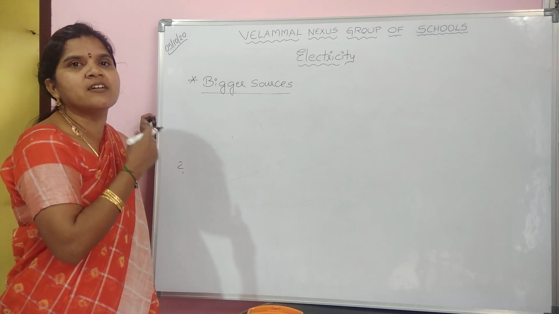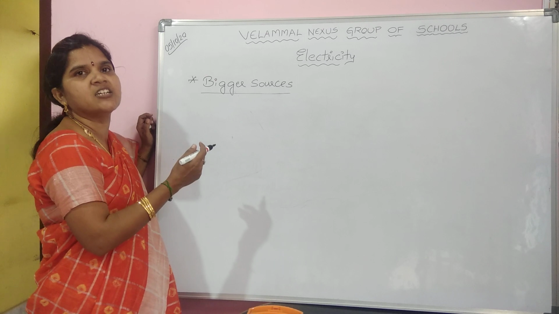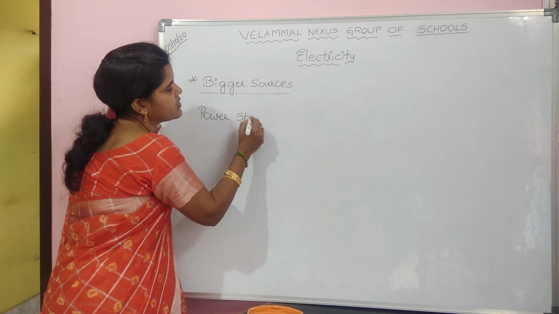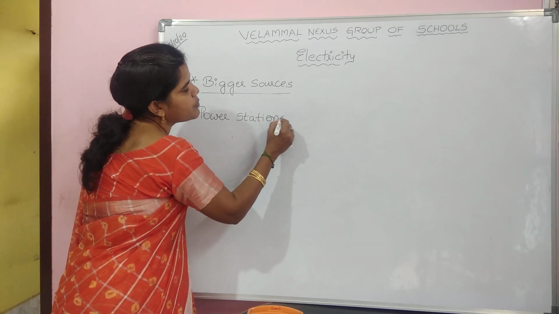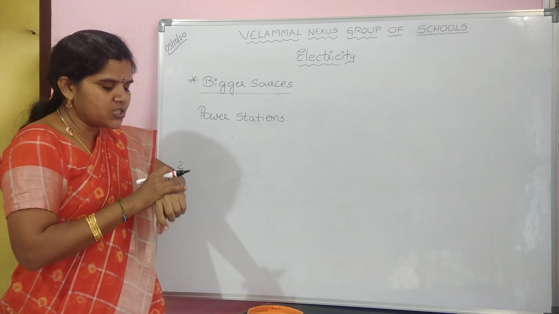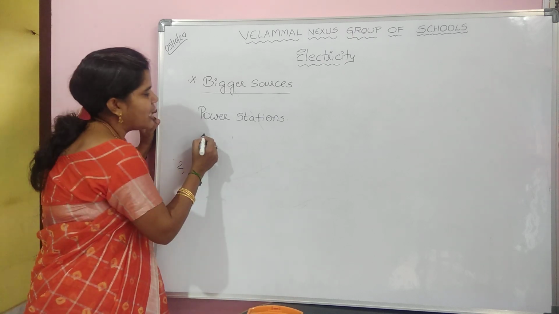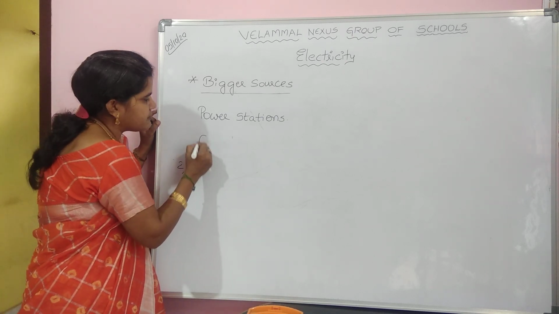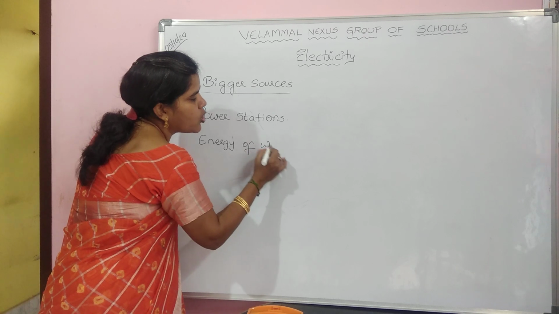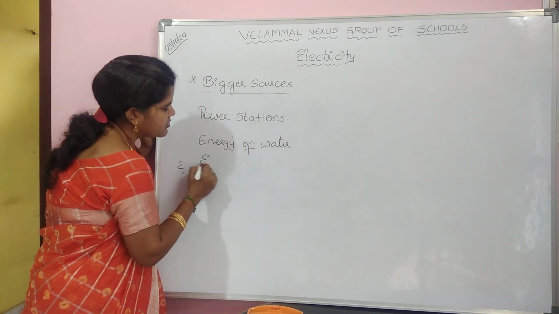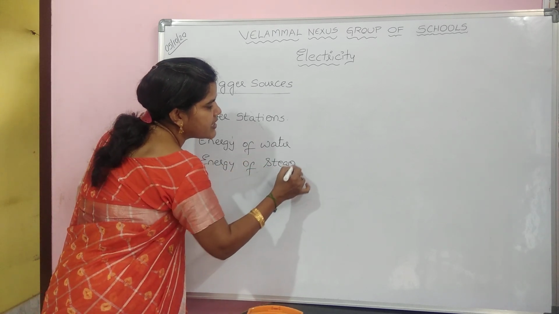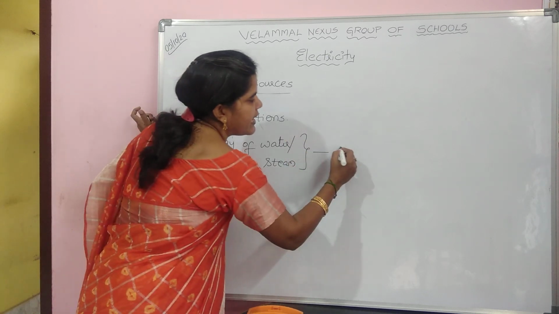Okay, from where do we get these bigger sources of electrical energy? Who produces this electrical energy? It is produced by power stations. How do the power stations produce this electrical energy? This electrical energy is produced by power stations with the help of the energy of water or the energy of steam, which is converted into electrical energy.